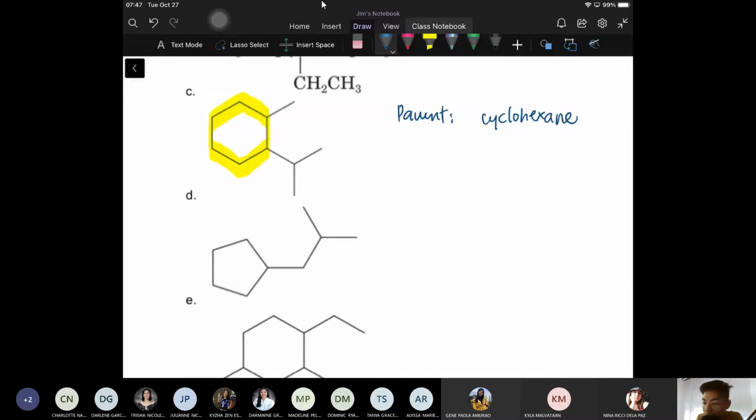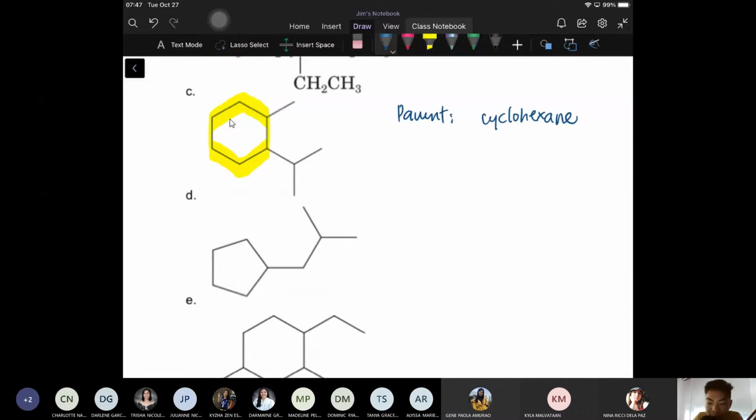Okay? So, ganun ha. Cyclo because it is in a ring fashion. Hex kasi siya ay naka 6 carbons. Ane kasi ito ay alkane. Puro single bonds lang meron tayo. Okay, so that's your parent chain, cyclohexane.